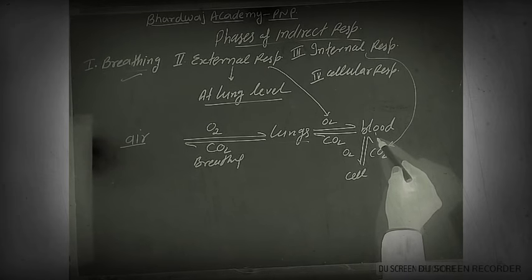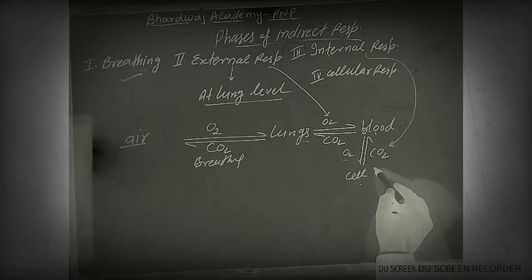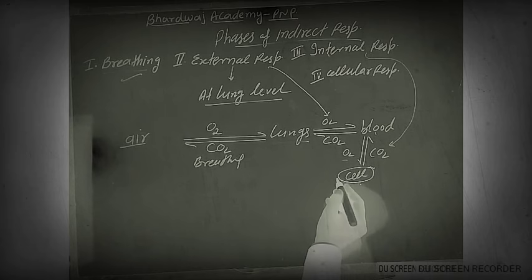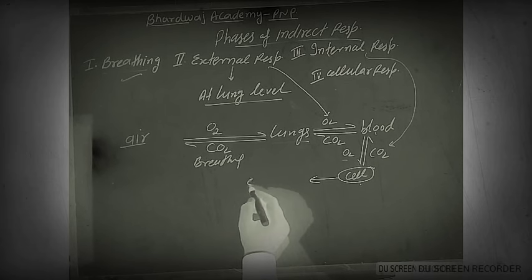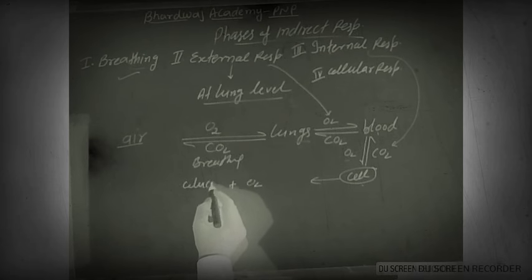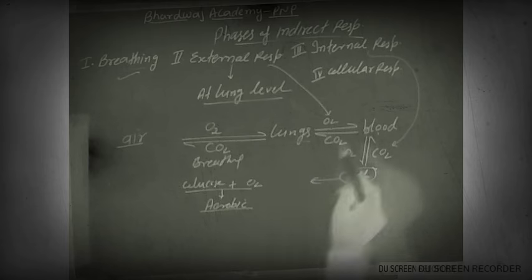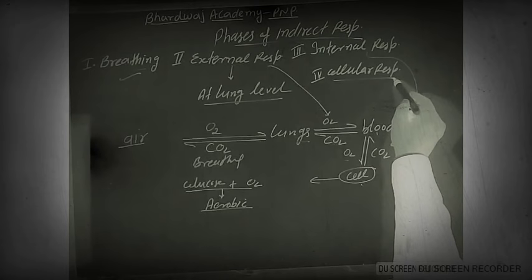It means the transport of oxygen from the blood to the cells and the carbon dioxide from the cells to the blood. After reaching the cell, oxygen reacts with glucose and causes aerobic respiration. This is called cellular respiration.